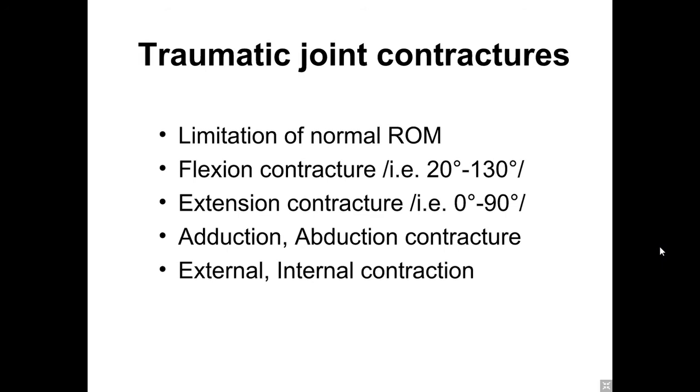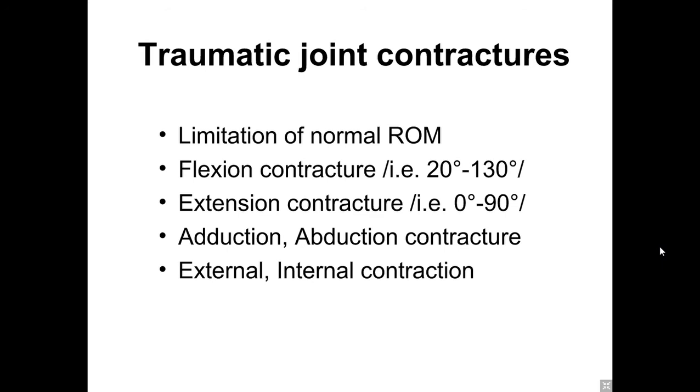When we say that there is extension contracture, it means that the patient could not flex fully his joint. It means, for example, the movements of the knee are between 0 and 90, but normal range of movement is 0 to 130 or 140 in a slim patient. That's why he has extension contracture.